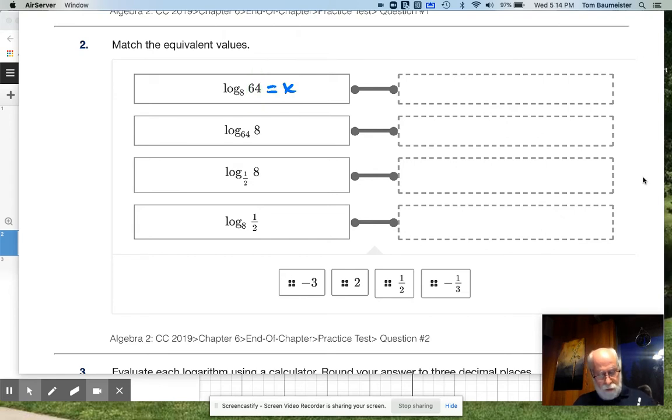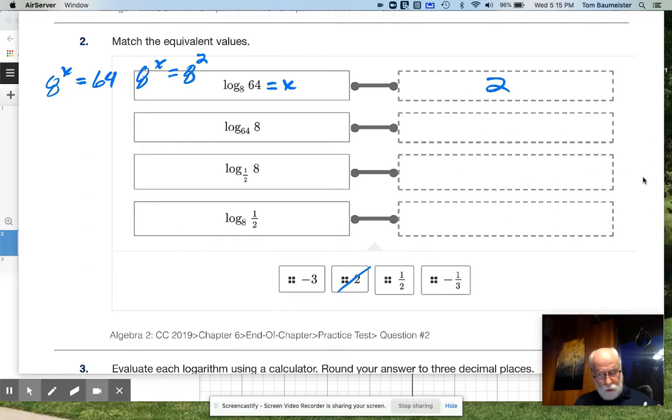This base, which is 8, raised to the x power is equal to 64. On that one, we can rewrite 64 as 8 squared. When the bases are the same and it's equal, that means the exponents have to be equal. So we're going to say that x is equal to 2. So we can get rid of that one.